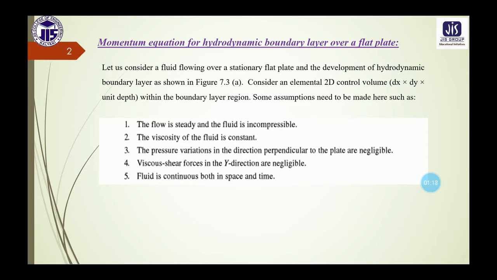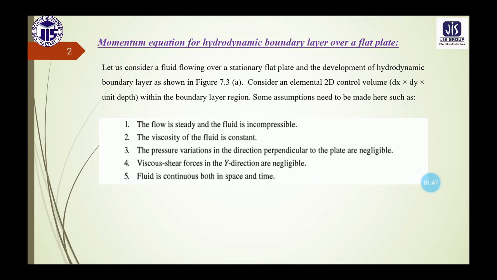Now what happens in case of a hydrodynamic boundary layer, we have seen that when a real fluid flows past a solid body, then the fluid particles adhere to the boundary, and in that case the no slip condition occurs. So it means that the velocity of the fluid close to the solid boundary will be the same as that of the boundary.